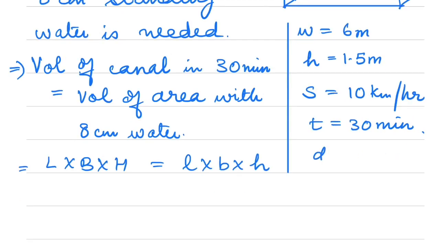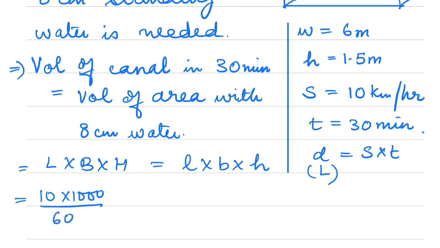Here we have distance is equal to speed into time. Here I can find out the length of the canal. Now length of the canal, so speed into time, speed is 10 kilometer per hour, so 10 I'll convert into meters, so 10 into 1000 divided by 60 minutes, and I have to find for 30 minutes, so I'll multiply by 30.